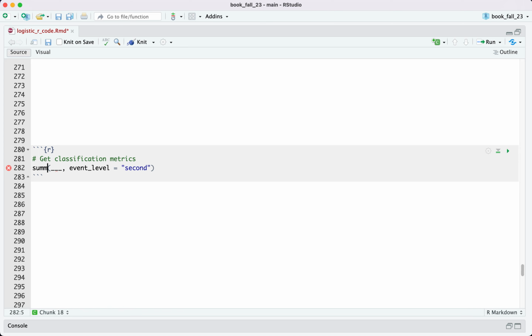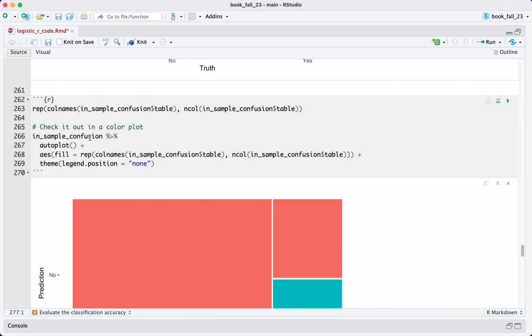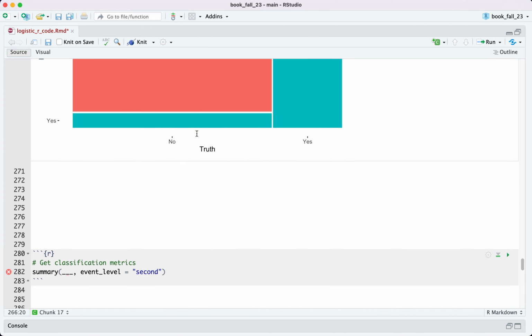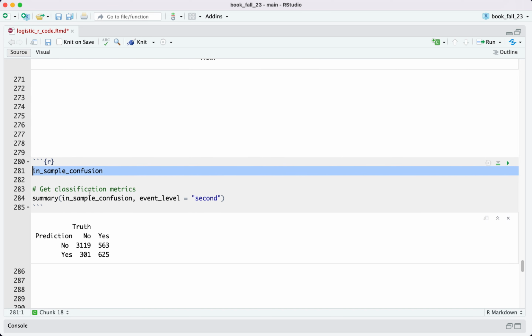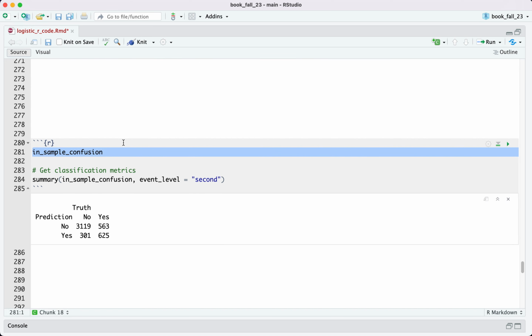To this end, we can use the summary function, and we need to pipe in our in-sample confusion, which was our in-sample confusion matrix. To get the classification metrics from this table, we apply the summary function to the table, and then we have to specify event level second.